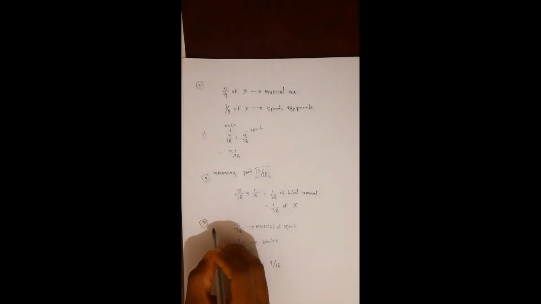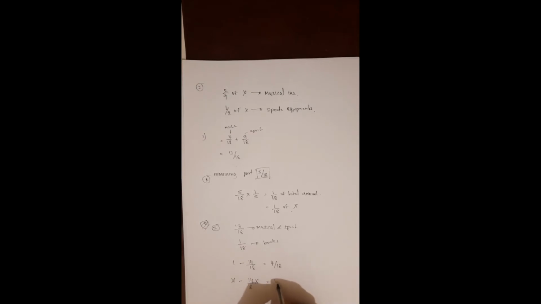So the next question is, what fraction of the total amount was used for the renovation? So we're going to put just number 3 here, and the addition of these two is 14 over 18. First clear, we can say X minus 14 over 18 X, that would be 4 over 18 X. You can either mark like this or this, no worries.